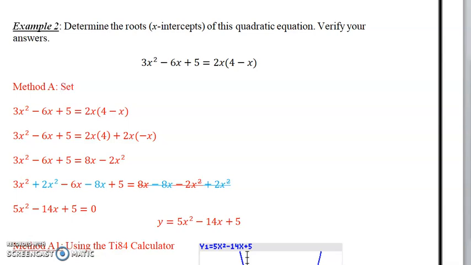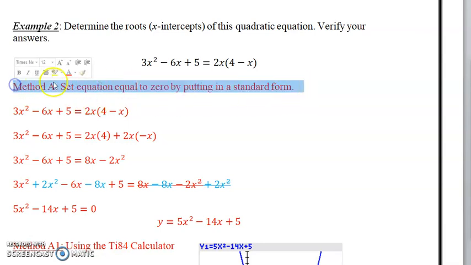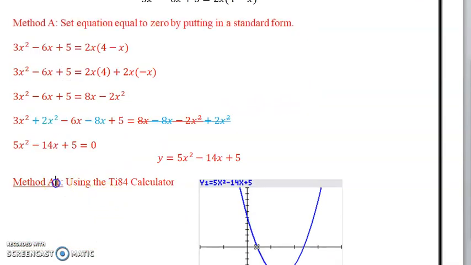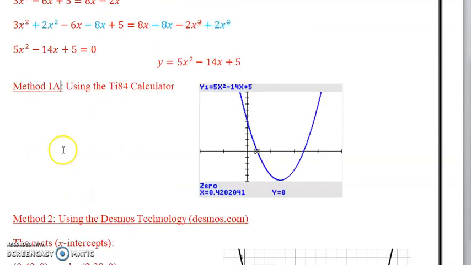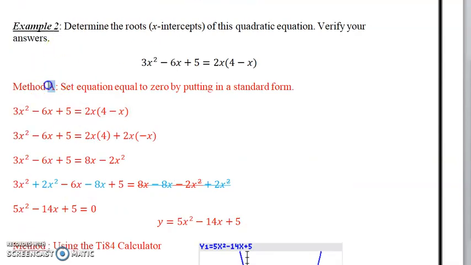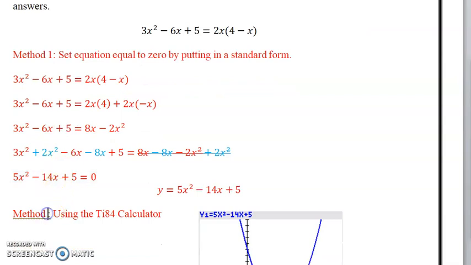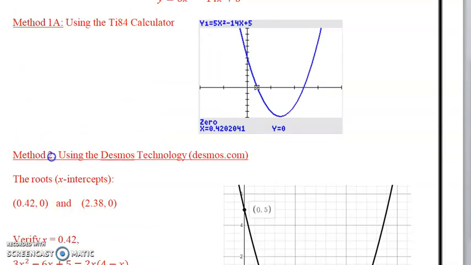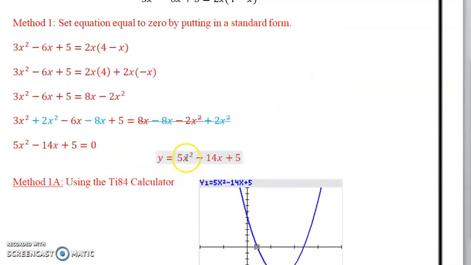So set equation equal to 0, like I mentioned in the video, by putting in standard form. And then I showed it two ways. I'll call this method 1, and I'll call these 1A and 1B. That might be better, yeah. We'll do it that way.